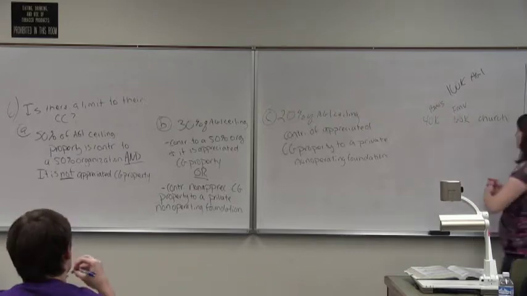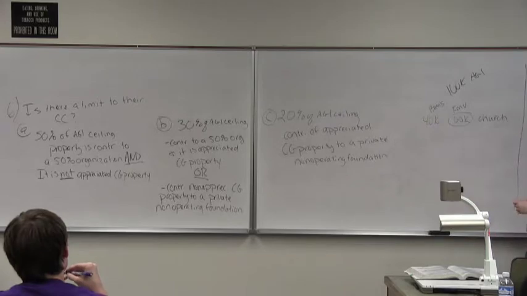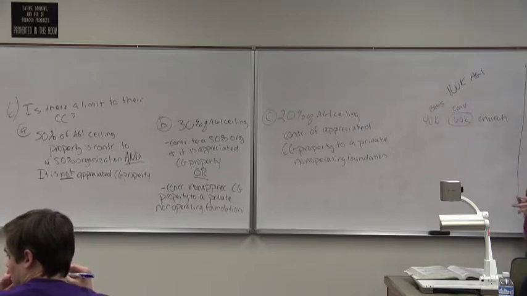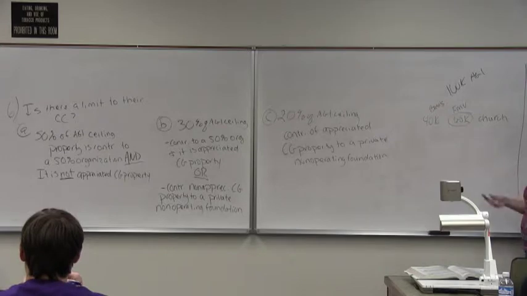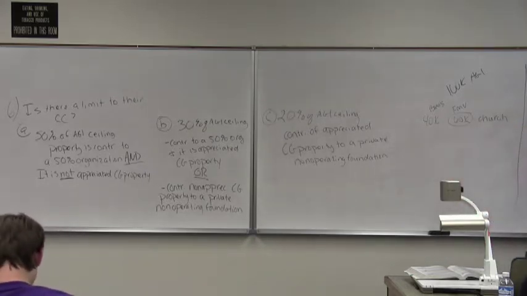Why? Because it's capital gain property to a 50% organization. It's not personal property, so we don't even need to get into the question of whether it's put to an unrelated use, not relevant. Why? Because it's real property. So that's the second question, fair market value. Okay?